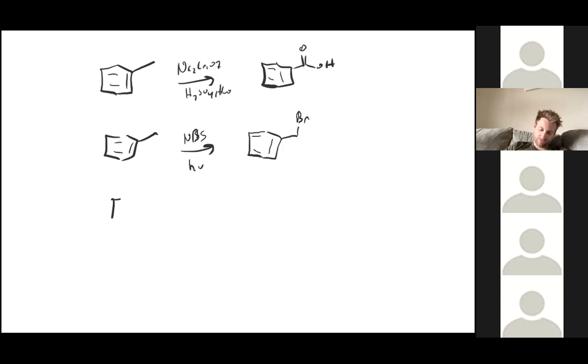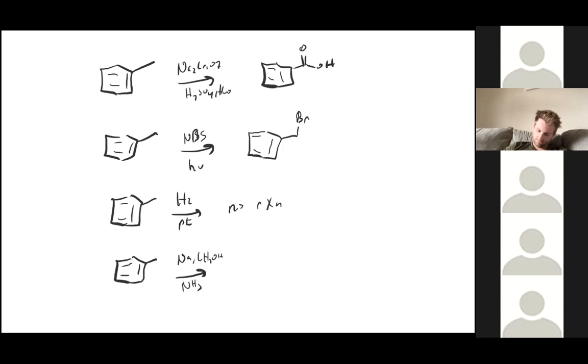Throwing in H2 and platinum's going to do nothing. We need to use one of these Birch reductions, followed by H2 in order to do this reduction here.